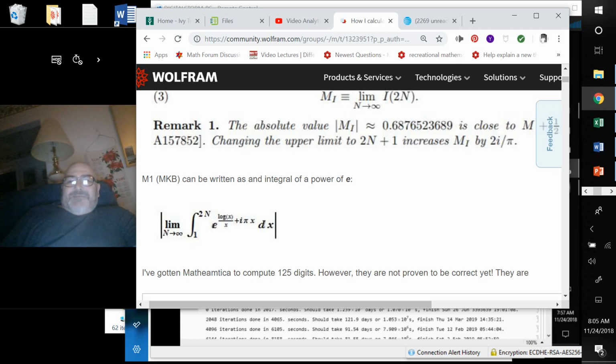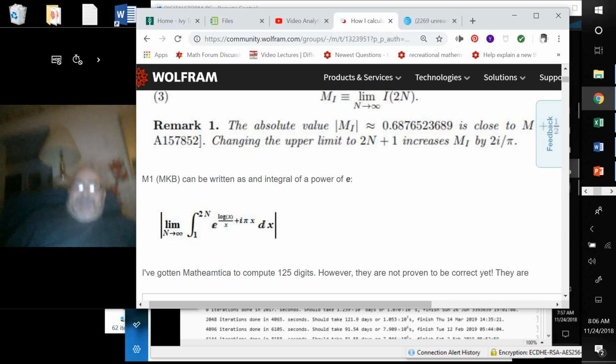So it's the integral of e to the log x over x plus i pi x, the limit as n goes to infinity, to 2n, to the largest even number that there is. So anyway, you can review that at your leisure.